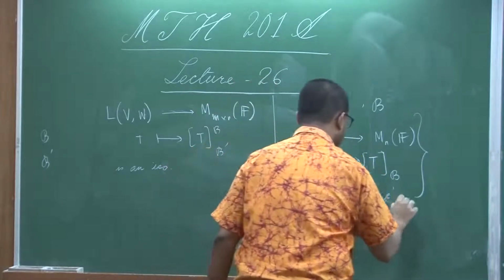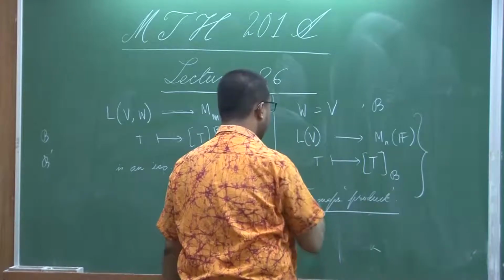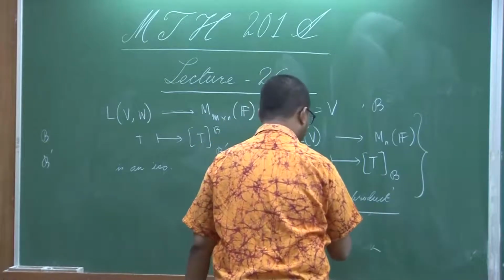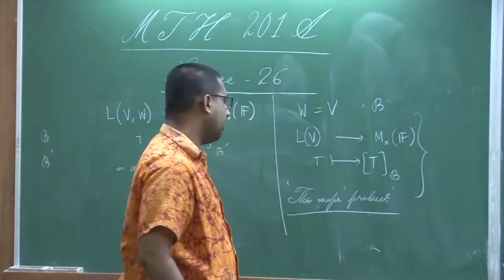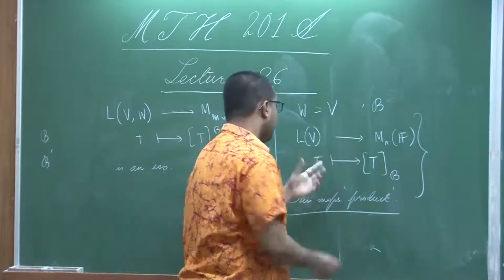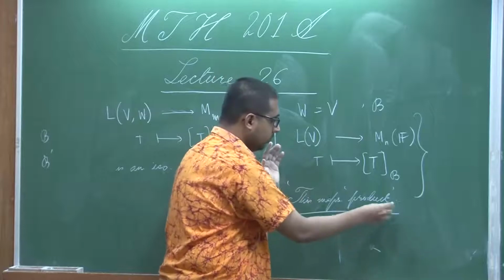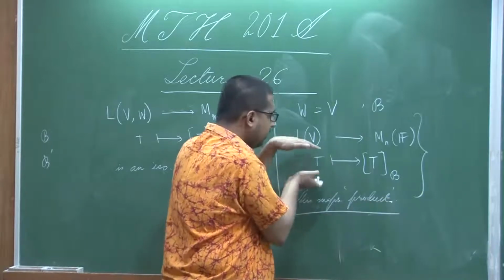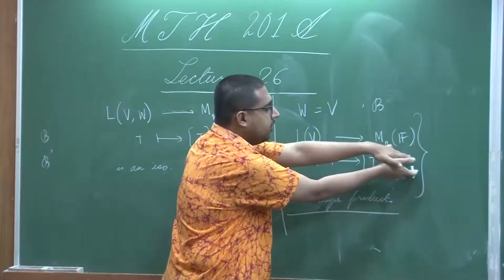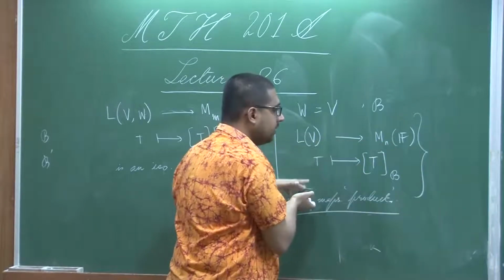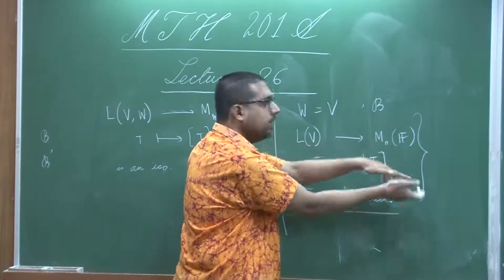On L(V), by product I mean composition. We will call the composition here the product. What I mean is, if you take the product here and then send it by this isomorphism, that is the same as sending by the isomorphism and then taking the product.